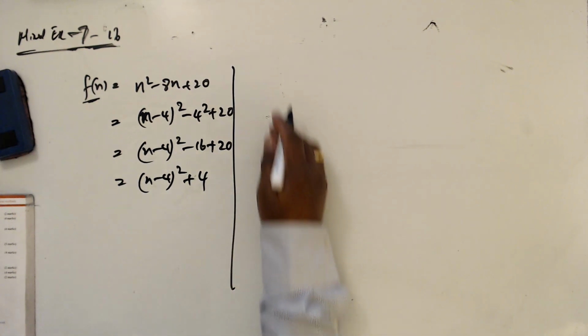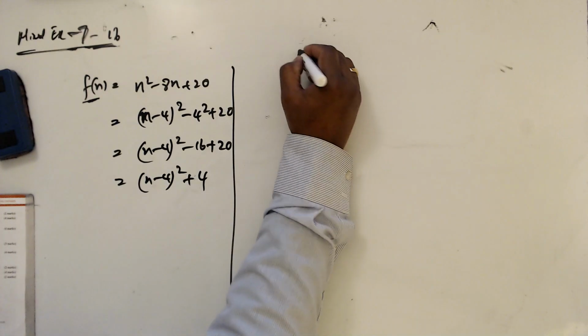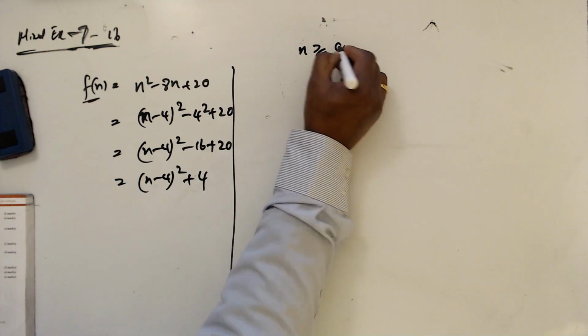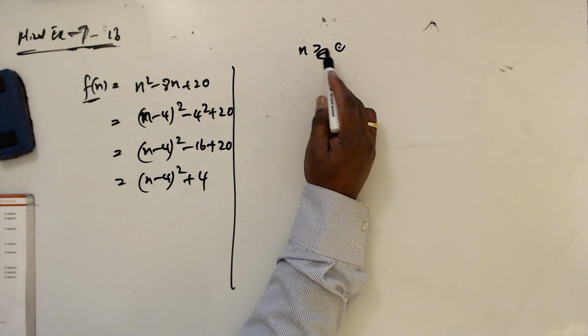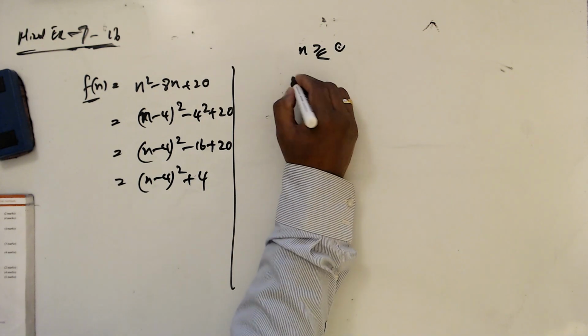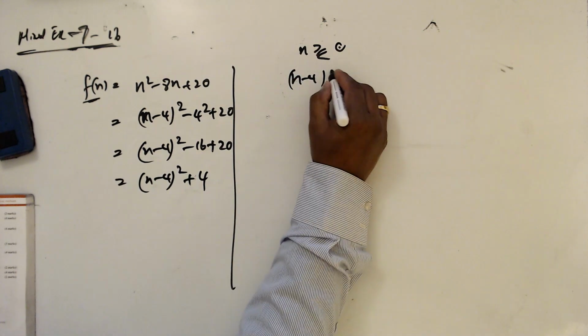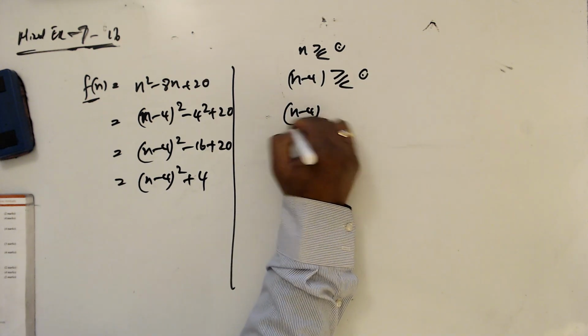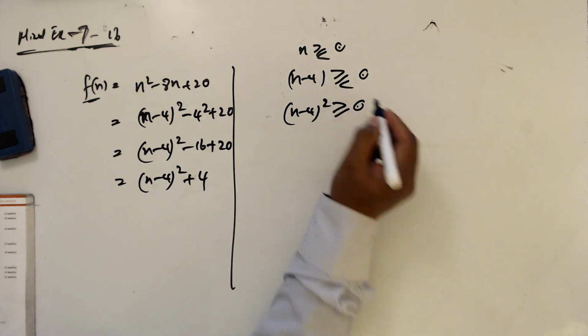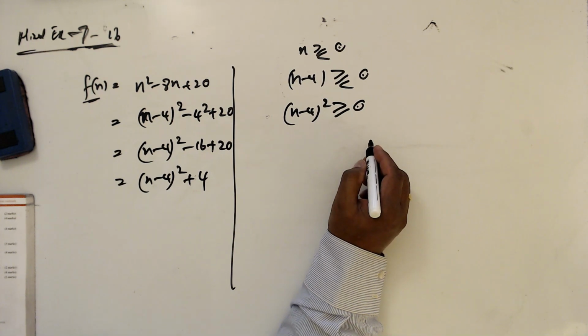You can give a second argument as usual. n can be any value, either positive, 0 or negative, and n minus 4 also positive, 0 or negative. But (n minus 4) squared is greater than or equal to 0.